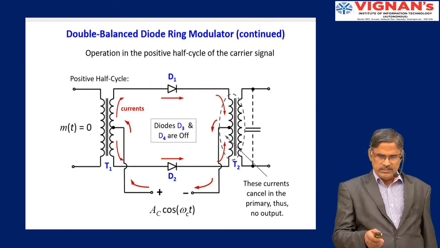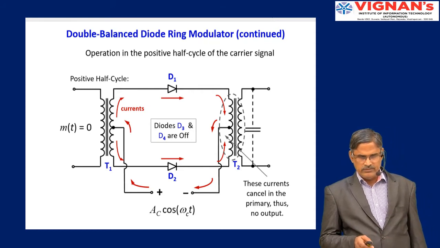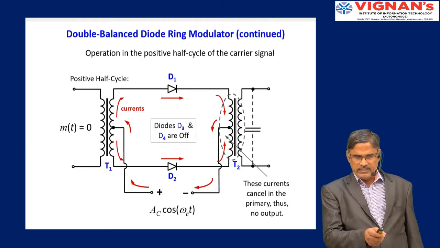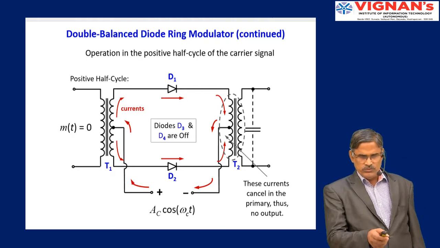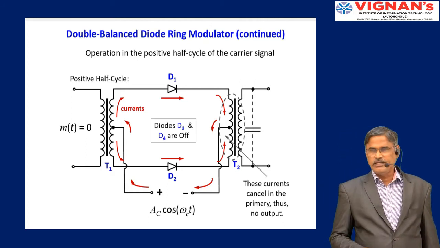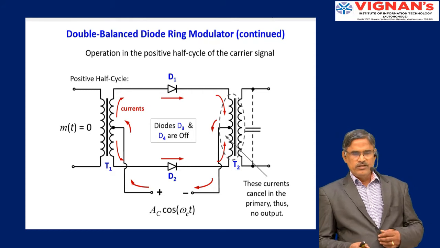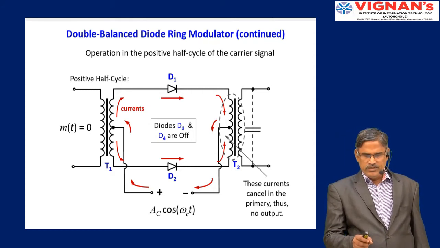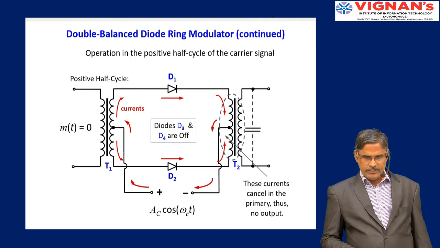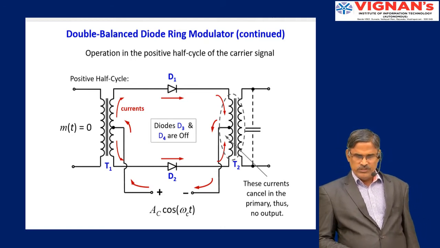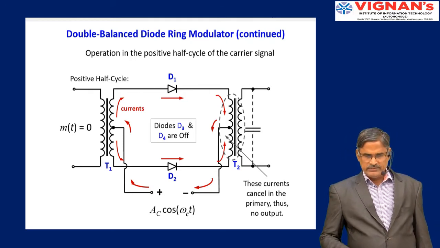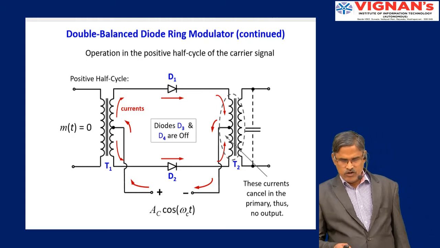As soon as the carrier changes into the negative half cycle, the same message signal changes direction through D3, D4 and passes in the opposite direction in the secondary of the transformer. So the message signal sends current in the secondary in the opposite direction for positive and negative half cycles, and therefore this message current also does not produce any output at the secondary of the output transformer.